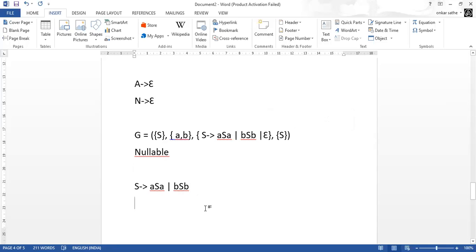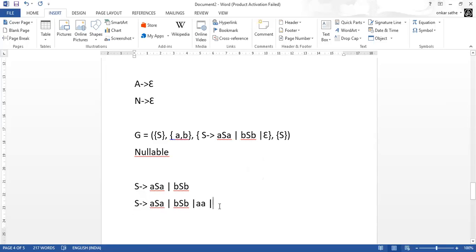Then the third step, we have to add the productions which are formed due to the nullable non-terminals. So here we have to keep these two productions as they are, and we have to consider the productions first. We will consider ASA. Now when we make S epsilon, it will generate the production AA. So add AA into the resultant grammar. Then the second production is BSB.